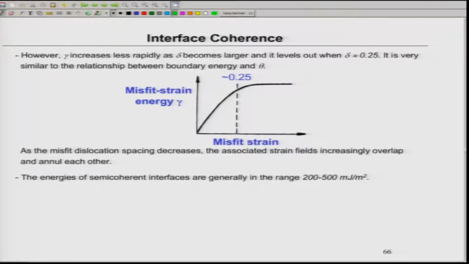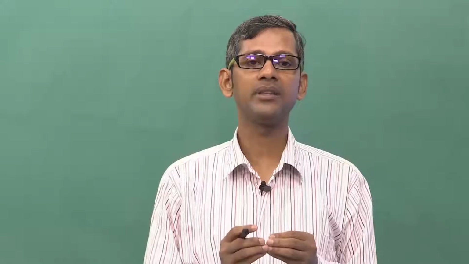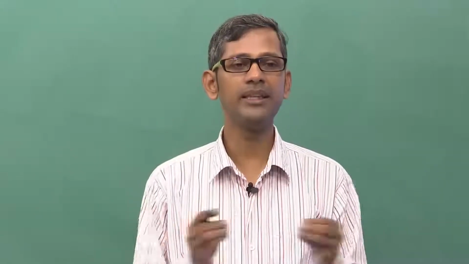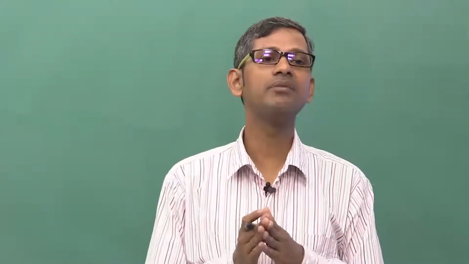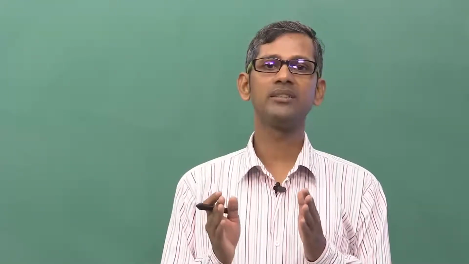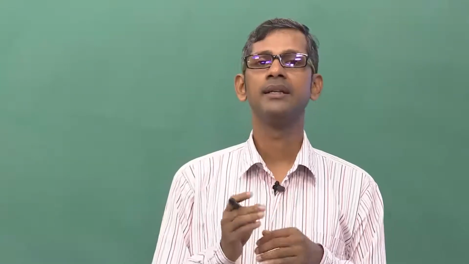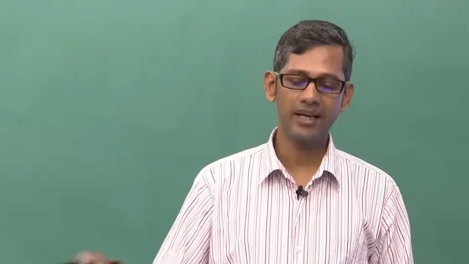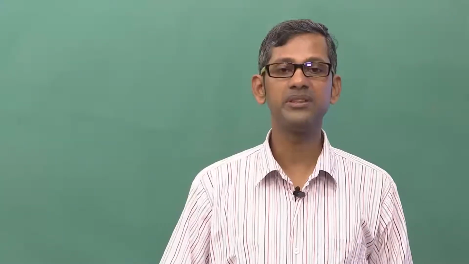This comes again from the low angle grain boundary discussion. As you create more misfit dislocations, or decrease the misfit dislocation distances, after some increase in the number of dislocations their strain fields will start to overlap, and the moment the strain fields overlap, negative and positive strain fields may cancel each other, and this can lead to leveling of the misfit strain energies.